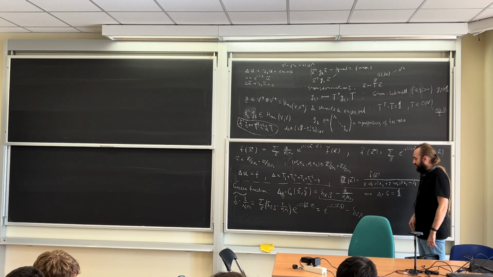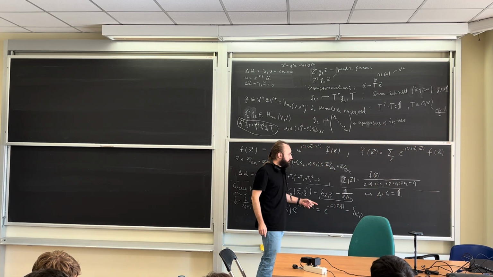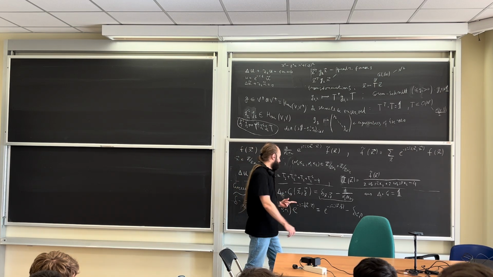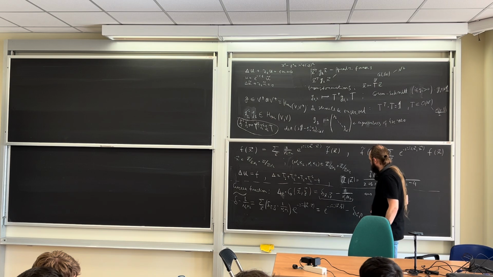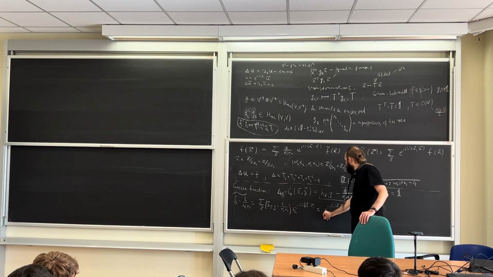So the Fourier transform of this Green function is obtained by division by the denominator.